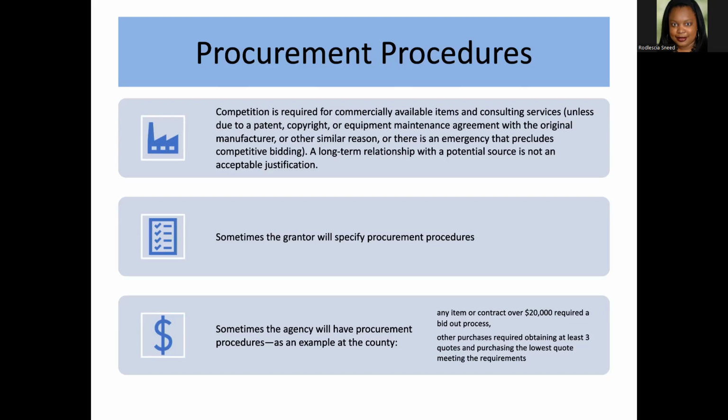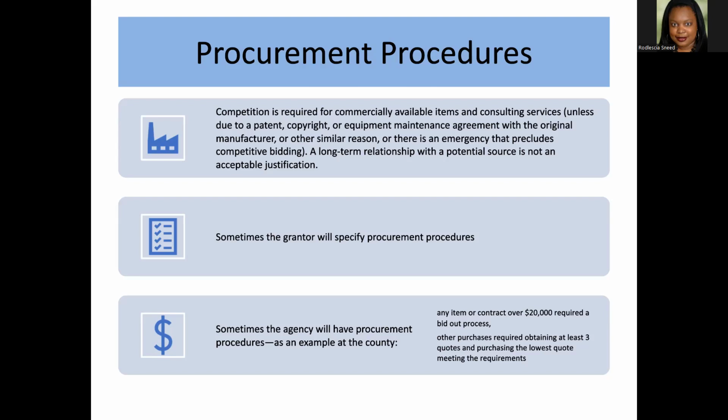And grant funders may vary in terms of what their dollar amount limits are. So they may have a bid out at 10,000 or above, for example. So again, you want to understand the specific guidelines for your grant funding agency that you've applied to.